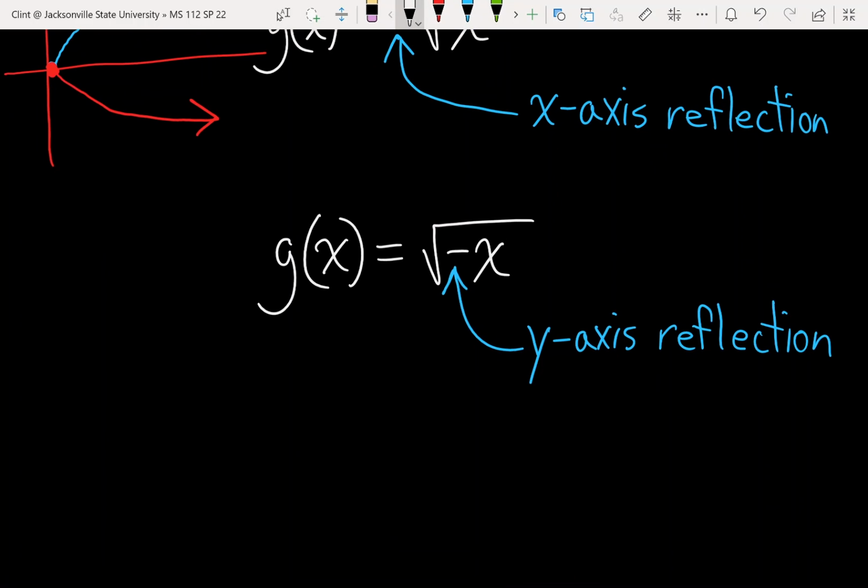So thinking about our graph, let me actually draw some axes here. So start with this one, square root of x. Then if we do a y-axis reflection, the left and the right get switched, so this one goes to the left instead of to the right.